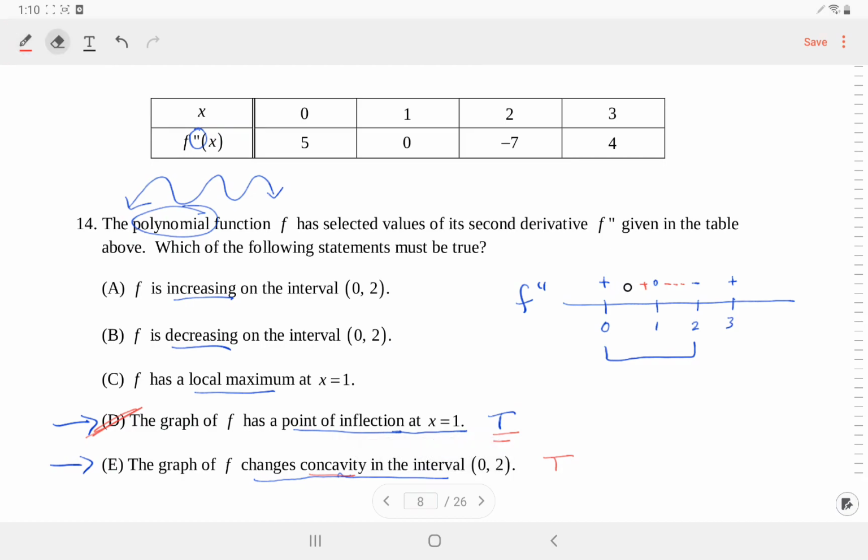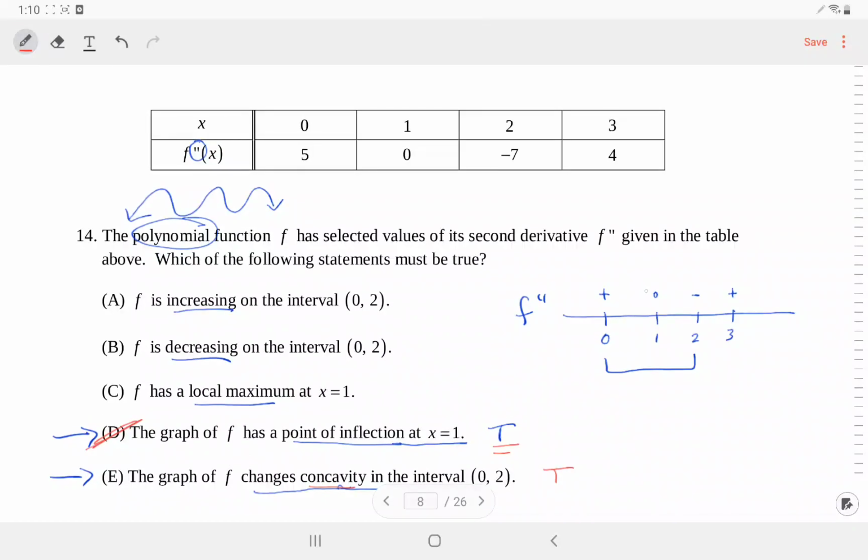But that's the logic reason. The math reason is, what if right here there was another point of inflection over here at 1/2, 0, and it was plus, plus, negative, negative, negative, negative, negative, negative. Then 1 is not a point of inflection. This would be positive concavity, negative concavity, negative concavity.